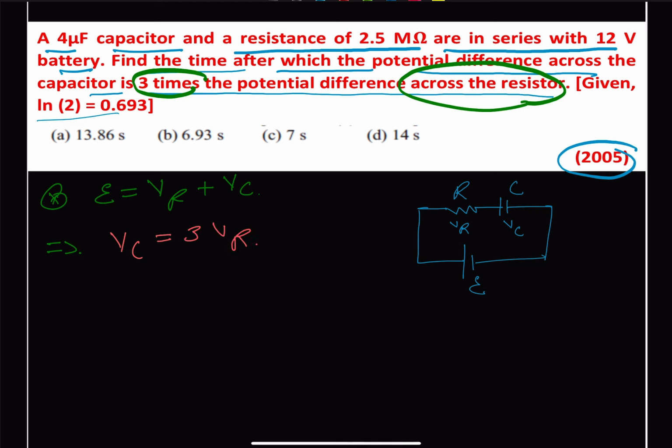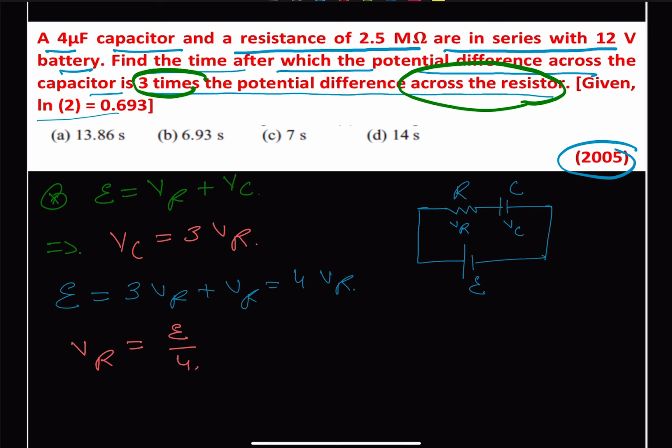So we substitute, and we get E is equal to 3 times VR plus VR, and that gives 4 times VR. So from here we can say that VR will be equal to the EMF E divided by 4.